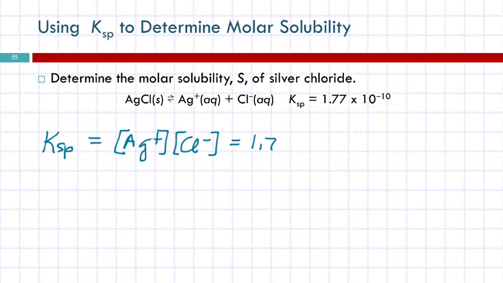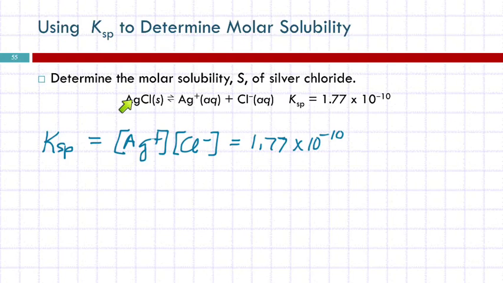It's 1.77 times 10 to the minus 10. So molar solubility, S, is going to equal how many moles per liter of silver chloride will dissolve. So we look at this and we're like, we can't do that because we have two variables, right? Well, let's think about it.